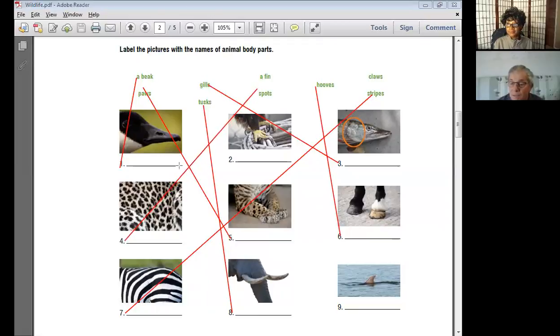Okay, spots. And perhaps the claws are for the eagle, number two, when it jumps on the tree. And the last is a fin for the shark.